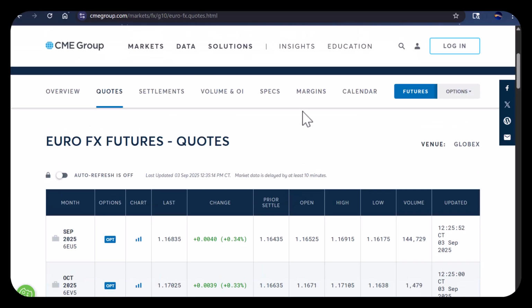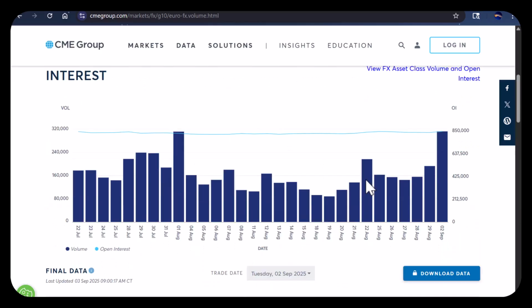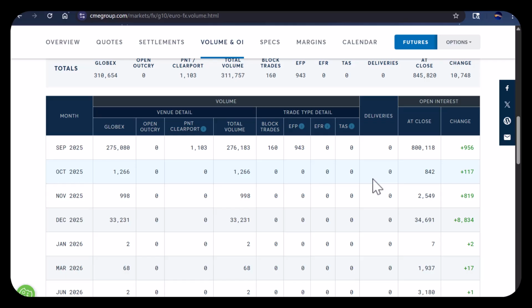Similarly on open interest. Open interest is the name we give to the number of contracts that have opened but have not been closed yet. For example, on the September contract, it's 800,000. Let me see, multiply that with 125,000.